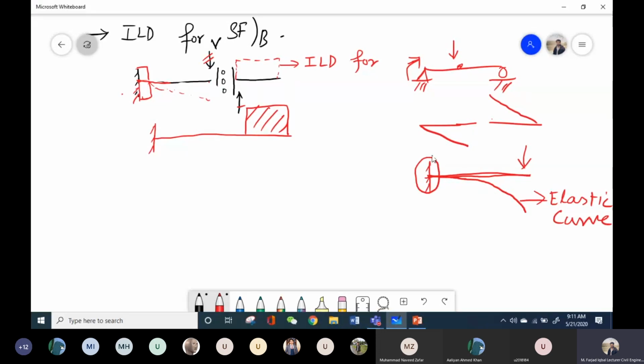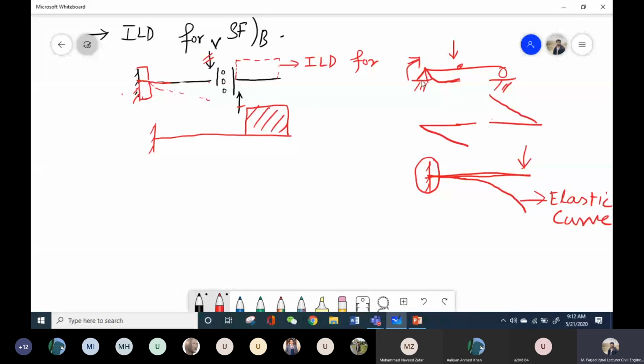For example, in this case, we can also show that the beam has an elastic curve, something like this. But Muller said that there is no elasticity when you plot the ILD. So you just have to consider what type of support is at the other end, and considering that support, you plot the deflected shape. For example, in this case, this support allows the rotation, so when the load is acting, it will move downward.